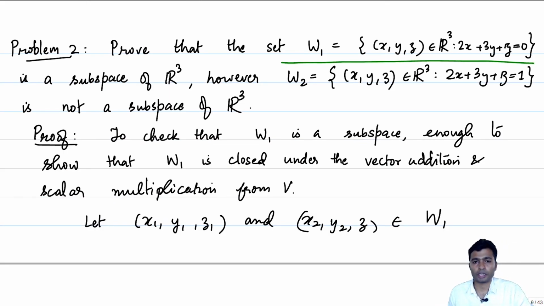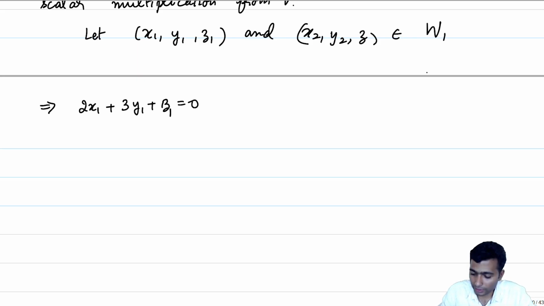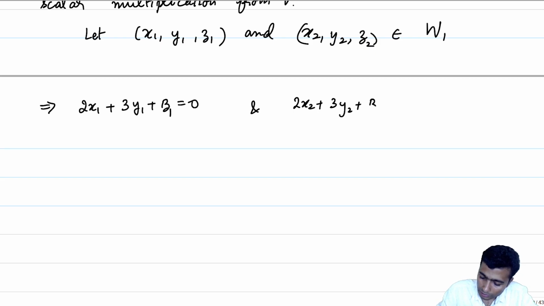W1 is the set of all (x, y, z) such that 2x plus 3y plus z is equal to 0. So this implies 2x1 plus 3y1 plus z1 is equal to 0, and the fact that (x2, y2, z2) is in W1 implies that 2x2 plus 3y2 plus z2 is equal to the scalar 0.